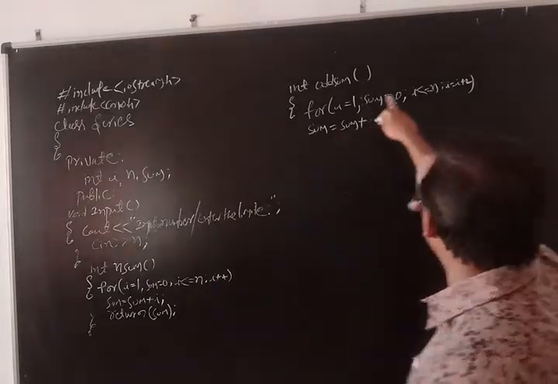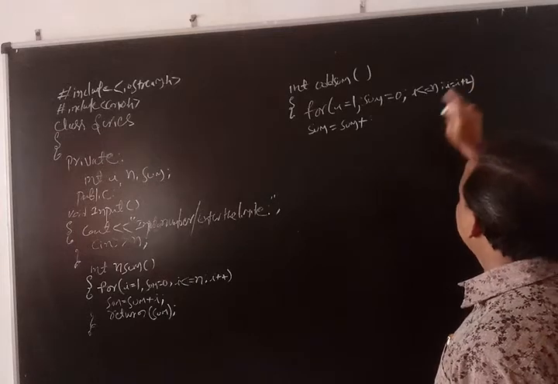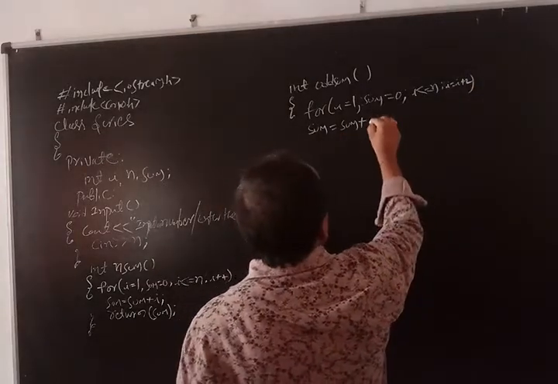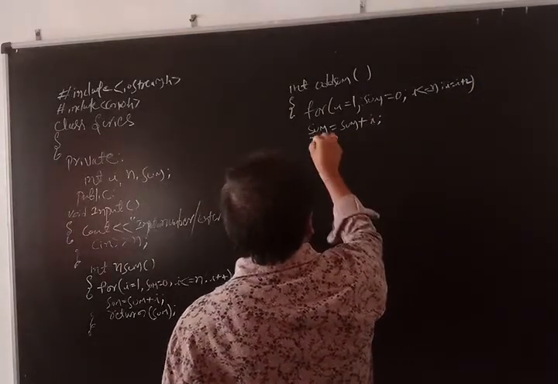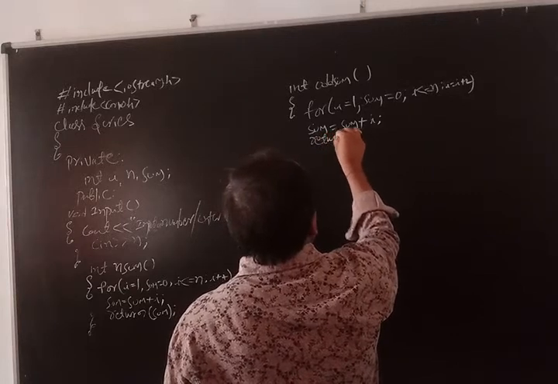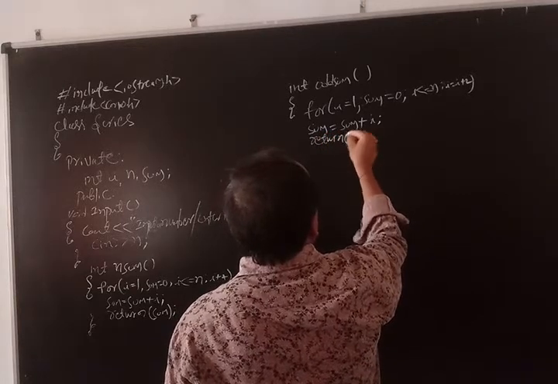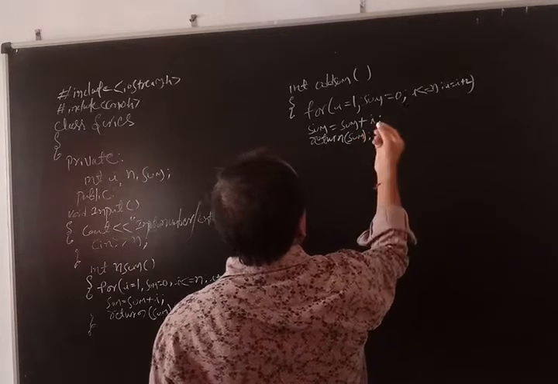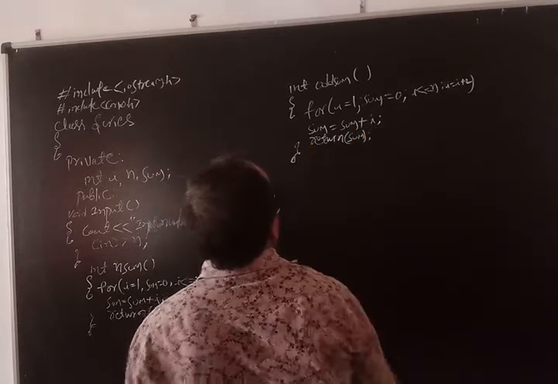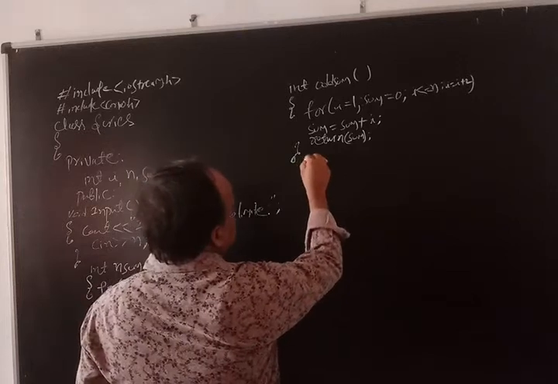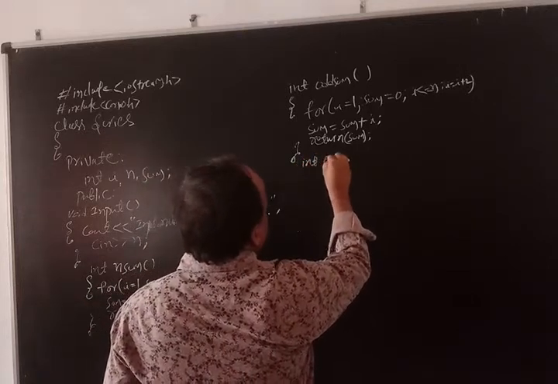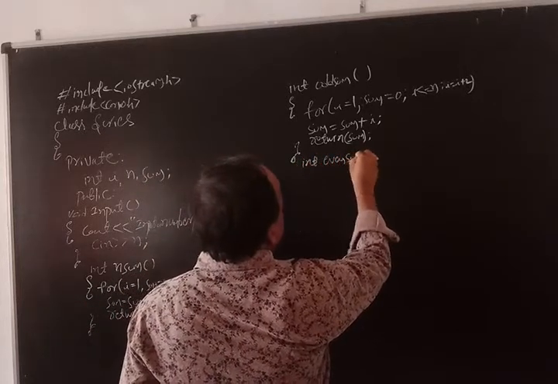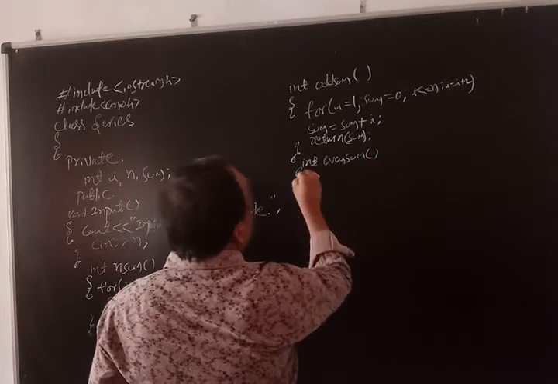But in the odd sum, i is equal to i plus 2, sum is equal to sum plus i, return of this sum, closing of the odd series. Next, consider even sum, open curly bracket.